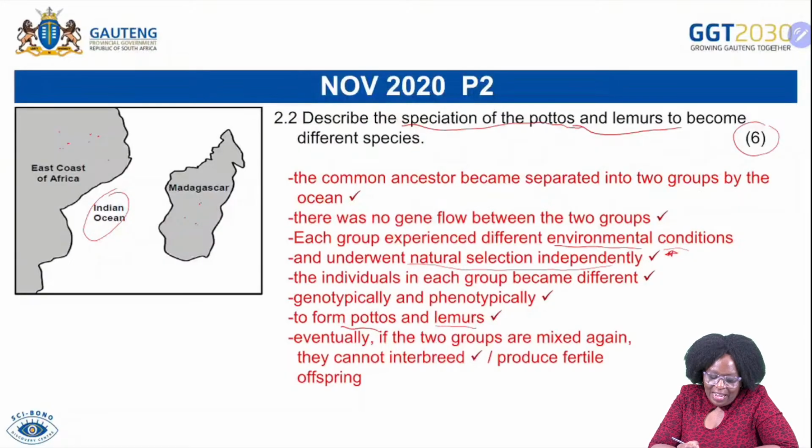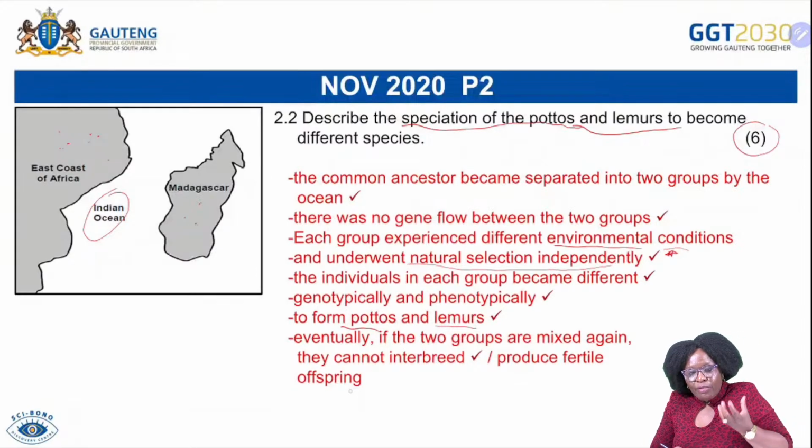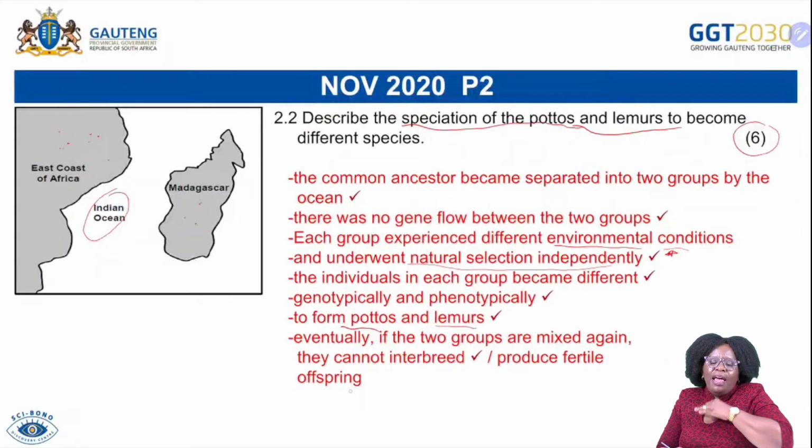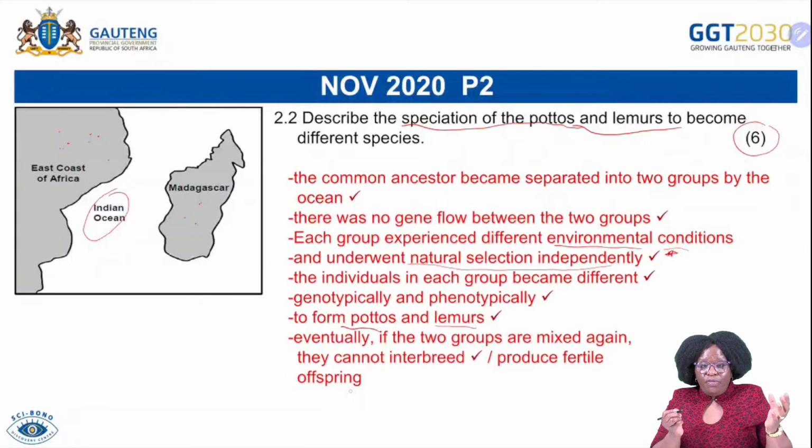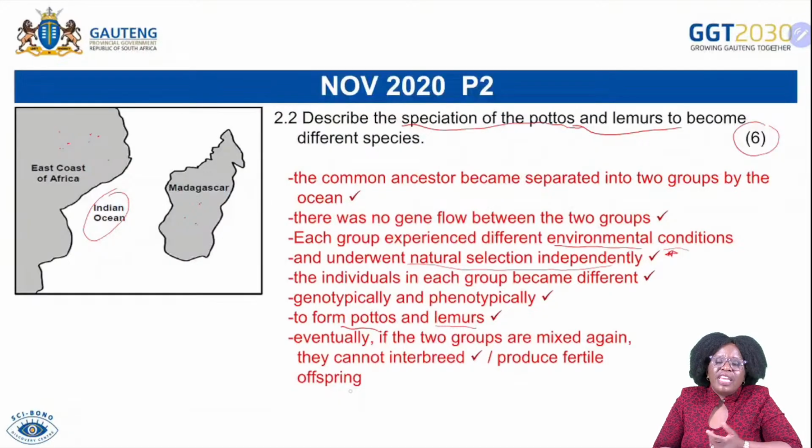They can never interbreed, or they will not be able to produce fertile offspring, because remember, the same species must be similar and must be able to interbreed and produce fertile offspring. So if two different species resulted, they will never be able to produce fertile offspring or even to interbreed. You have your clean 6 marks.